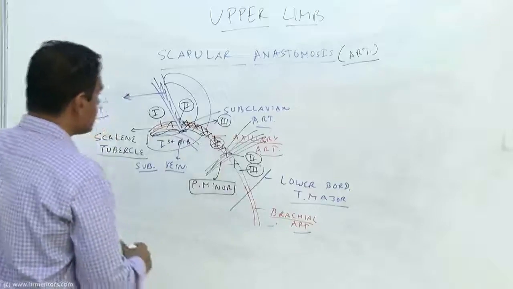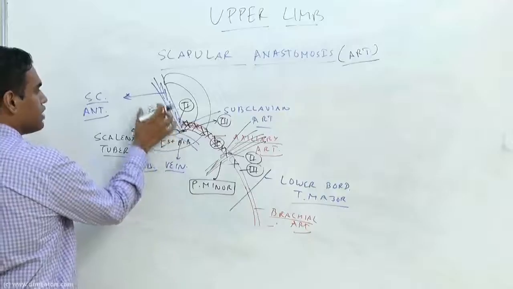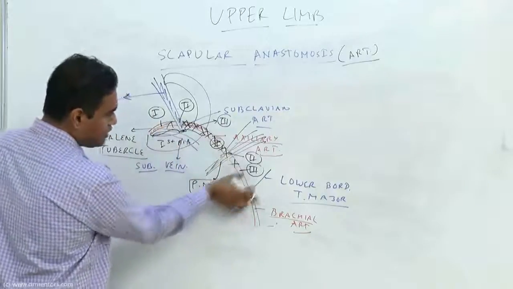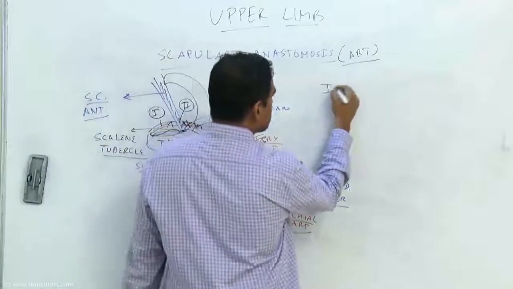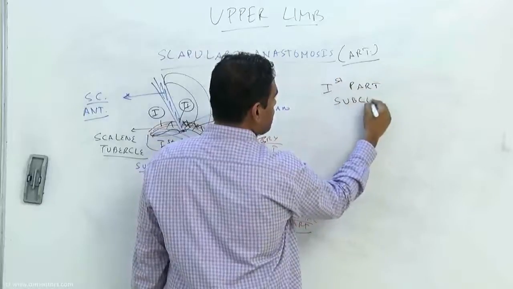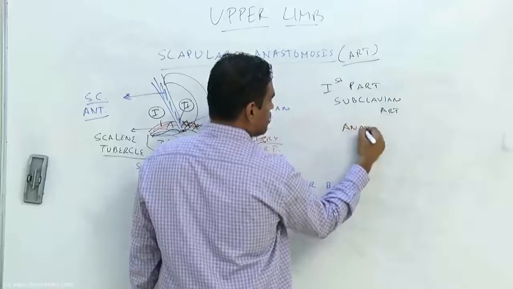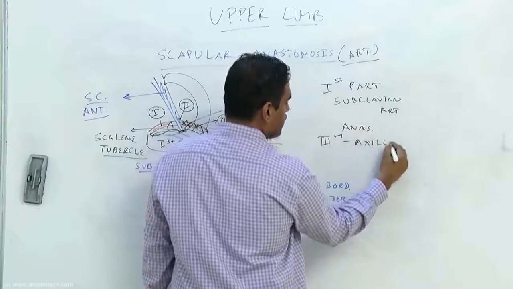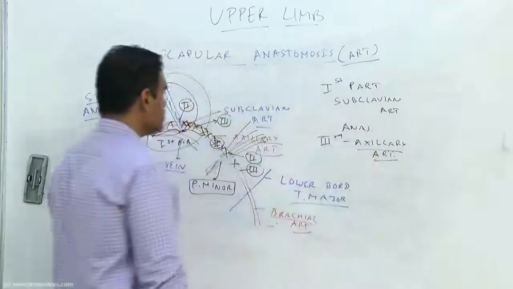So few branches from the first part of the subclavian artery will anastomose with a few branches of the third part of the axillary artery. I will repeat again, few branches from the first part of the subclavian artery will anastomose with a few branches from the third part of the axillary artery, around the scapula. During which situations?